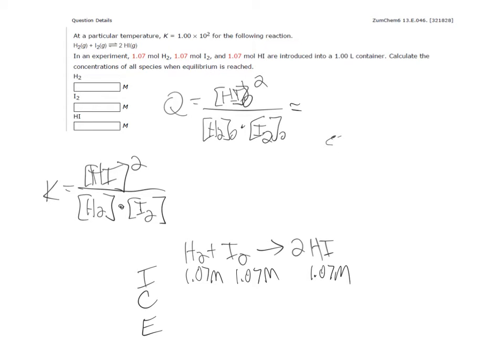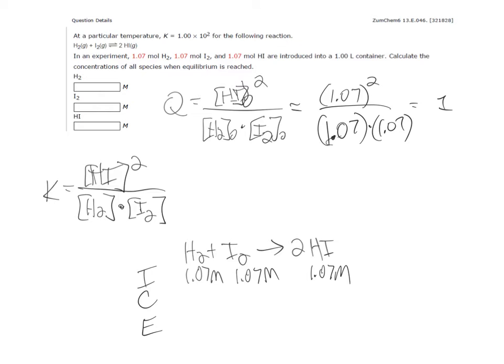It's not the end of the world to calculate Q. We're just going to plug in the 1.07 molar for hydroiodic acid over 1.07 for hydrogen and 1.07 for iodine. And you know what? Everything's going to cancel out and Q works out to be 1.